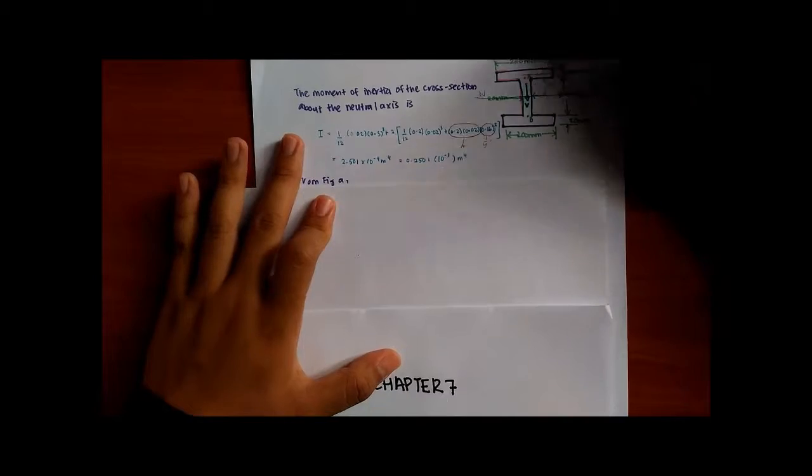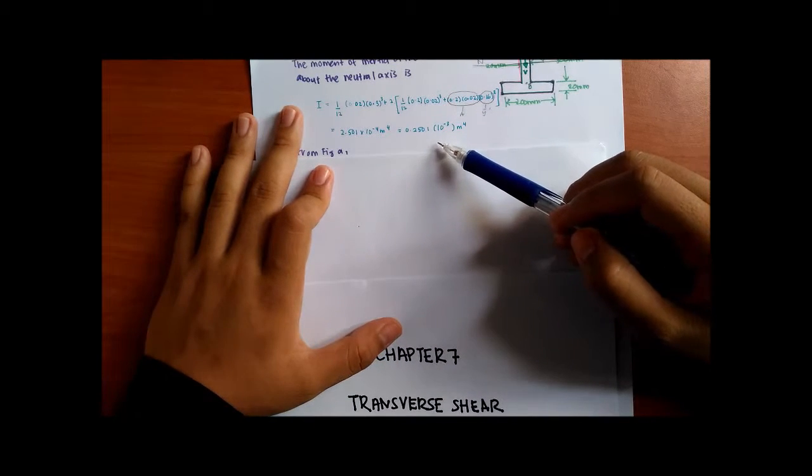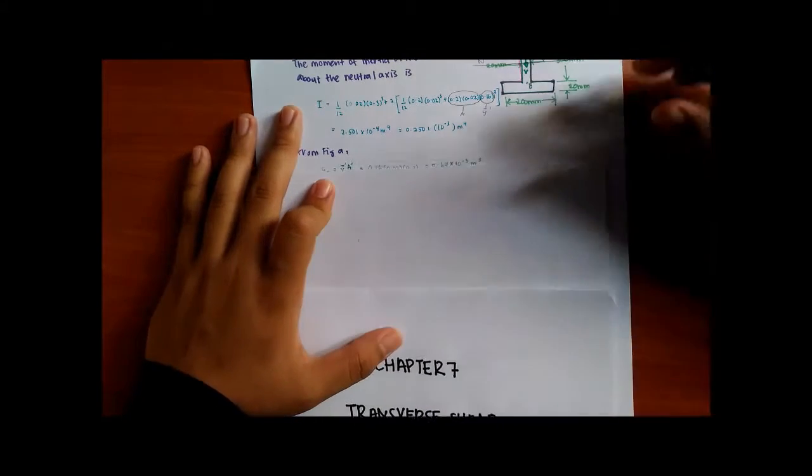So we get the answer, 0.2501 times 10 to the power of -3 meter to the power of 4.